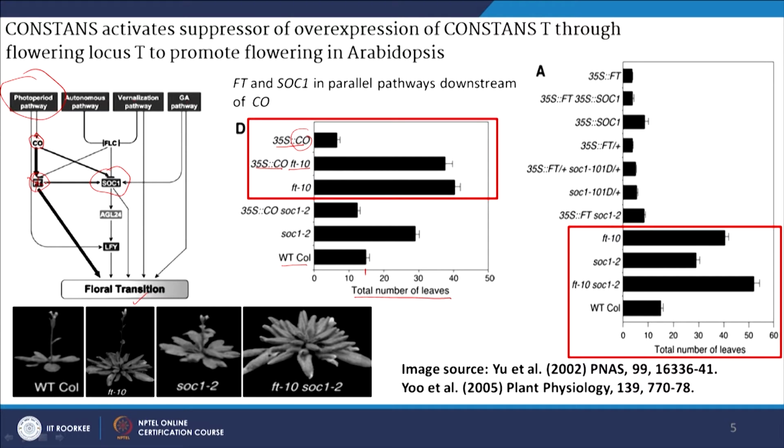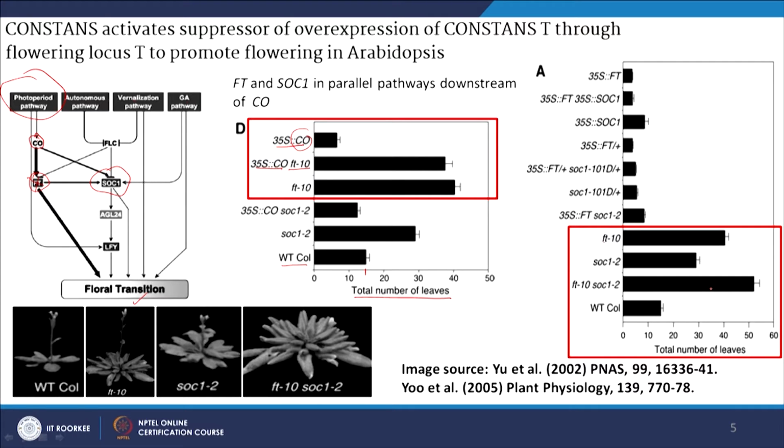Another genetic interaction you can establish from here. Again, this is wild type. Wild type has around 15 leaves at the time of flowering, but FT mutants show delayed flowering. Another gene, SOC1, also shows delayed flowering, but if you combine FT and SOC1, the plant shows further delayed flowering.